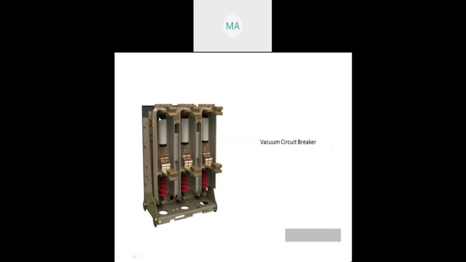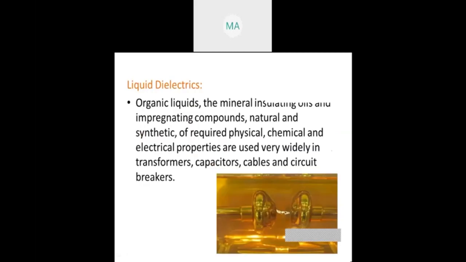Which one is better, the vacuum circuit breaker or the gas circuit breaker? The vacuum circuit breaker is the most effective compared to the gas circuit breaker, so vacuum is mainly used in circuit breakers.